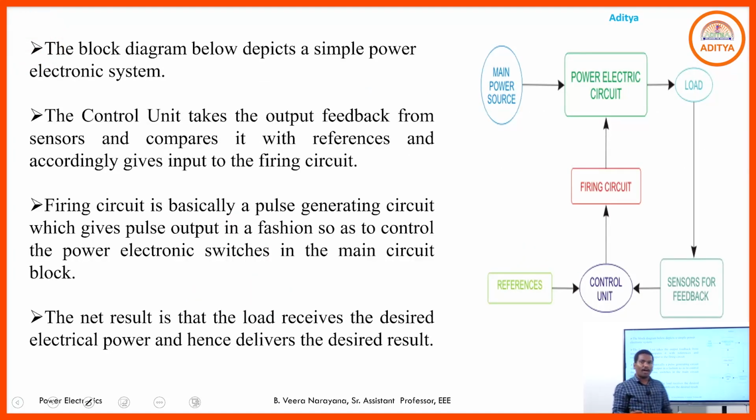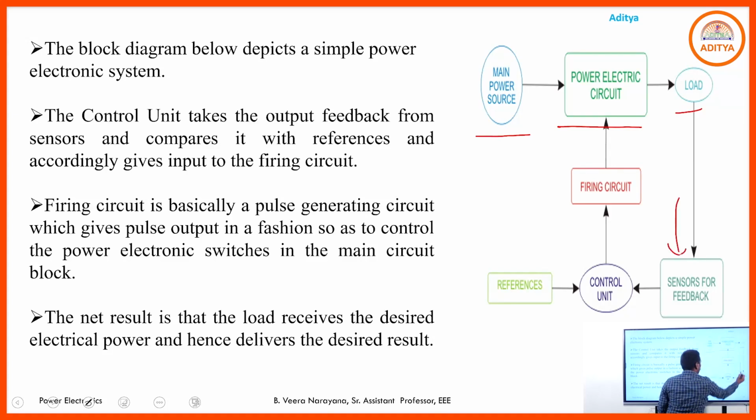If you go through the block diagram of the power electronic system, it consists of the main source, power electronic circuit, load, sensors which are used for the feedback, and a control unit, reference or input, and firing circuit.